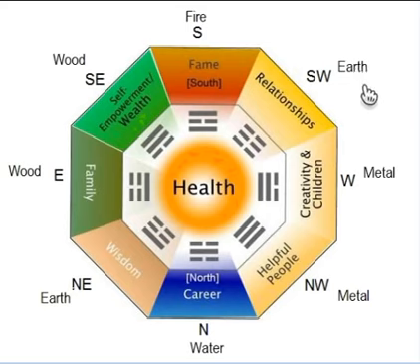If you would like to improve on any of your life aspirations, all you need to do is to activate the element for the corresponding direction. And using the productive cycle, you can find out what element actually strengthens the element of the direction. For example, I would like to gain more wisdom in my life, which is at the northeast direction, where the element is earth. So I can have lots of earth elements like crystal decorations, clay, stone decorations in the northeast.